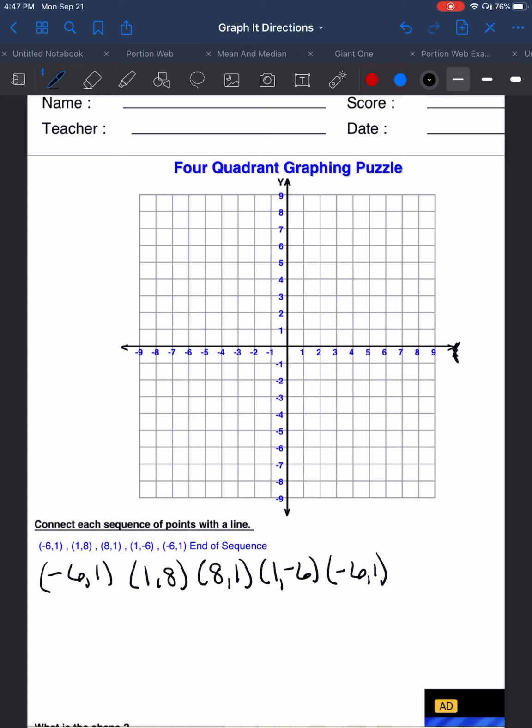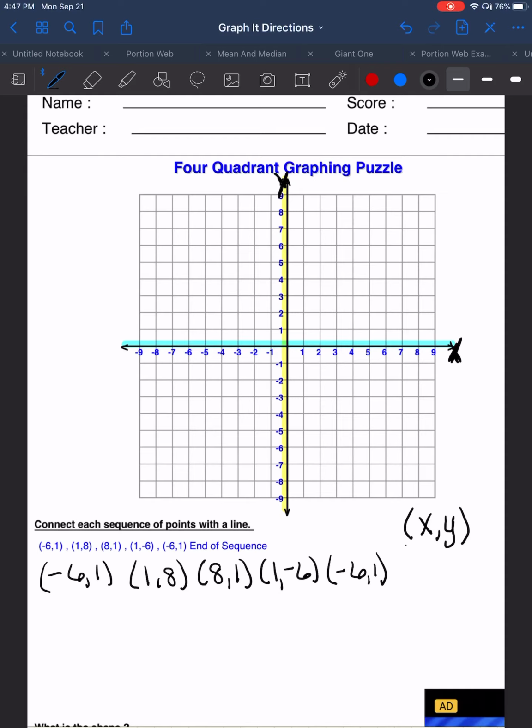A coordinate grid is an XY coordinate. This is the x-axis right here, x going across. And this is the y-axis, y going up and down, right? And so anytime we go to graph a point, it takes two numbers, an x value and a y value, to plot a point.